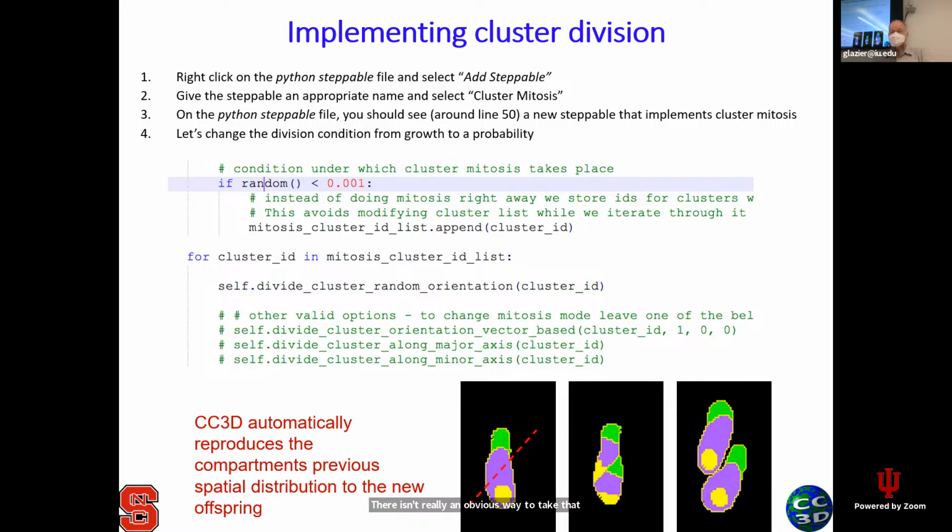And CompuCell will do its best to actually cut things in a reasonable way. And if the cell architecture is something like an epithelium with 3 layers, top, middle, bottom, and you're dividing it this way, it'll do it pretty well. Sometimes if you have very complex cell shapes, and especially if they're small, it will screw up and you'll get a cell which is missing a compartment or where the compartments don't do what you want.